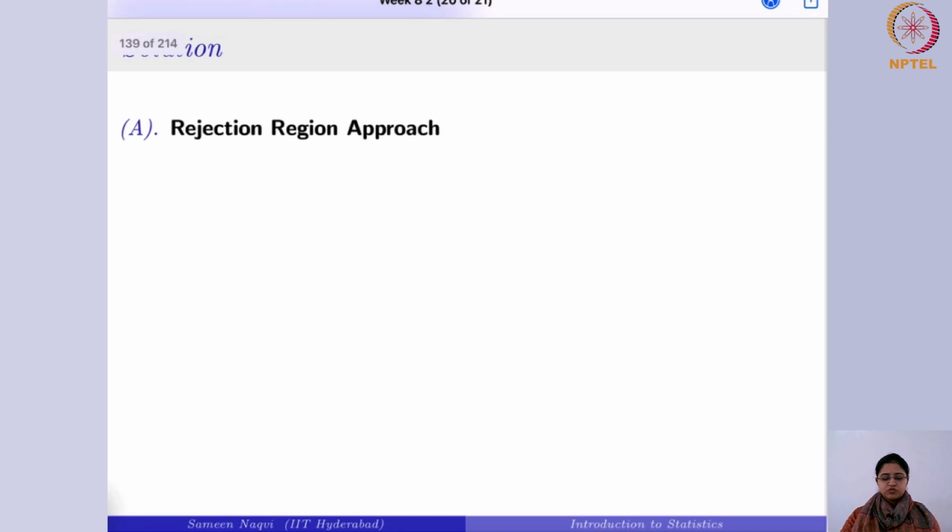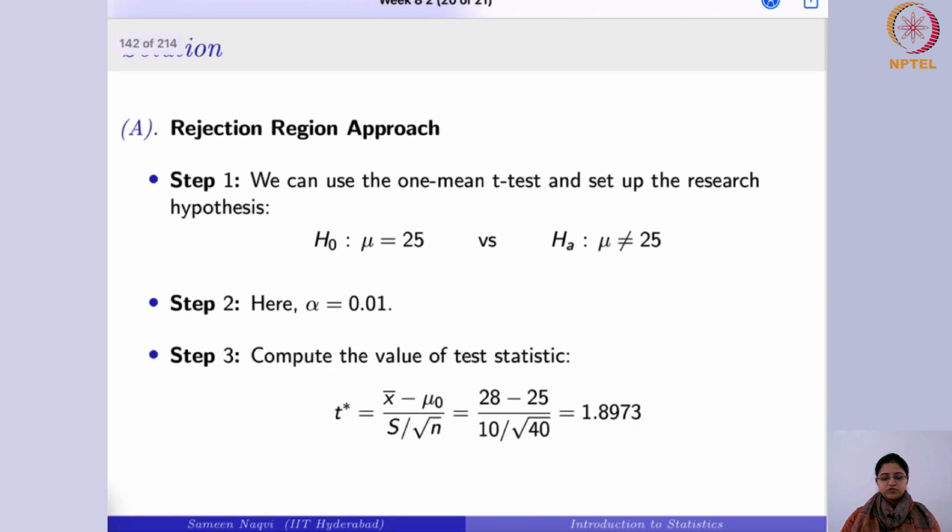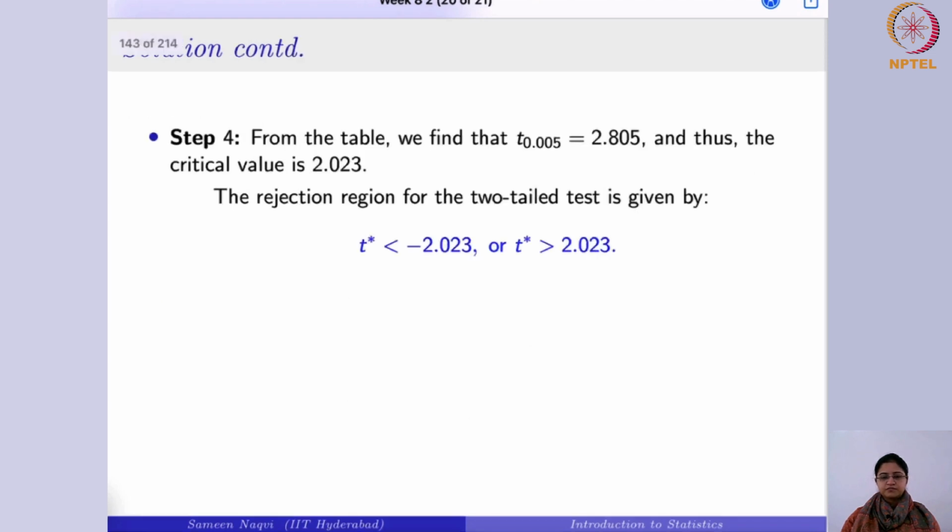For the rejection region approach, you would set up the null hypothesis and alternative as shown. Your alpha value is 0.01. You will compute the test statistic. Here 28 is given to you, 25 is mu naught, s by root n, and you get 1.8973.